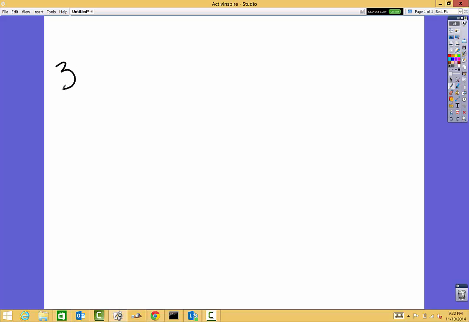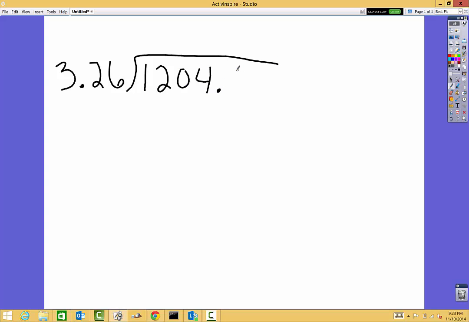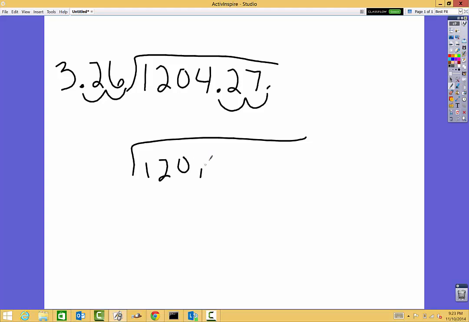I have 3.26 as my divisor, and on the inside I have 1204.27 as my dividend. I go 1, 2, so I'm going to do the same thing over here, 1, 2. And then this problem would be a very large problem, 120,427 divided by 326.